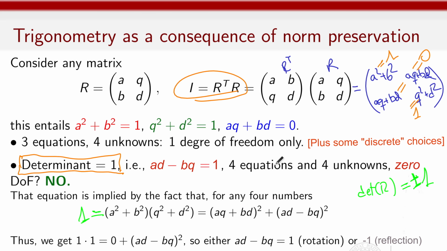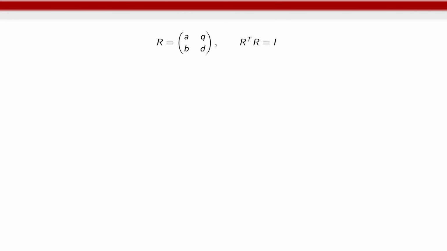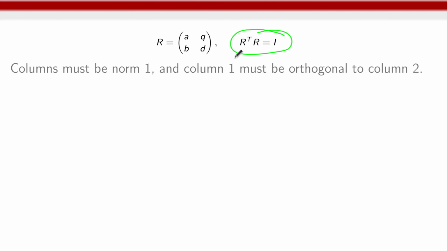Let's delve into that. This was R, and then remember that this condition meant that columns were perpendicular and modulus 1. So first, let us discuss what needs to happen so that QD is orthogonal to AB.